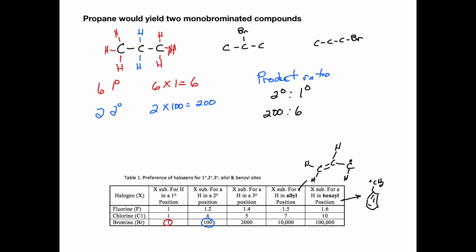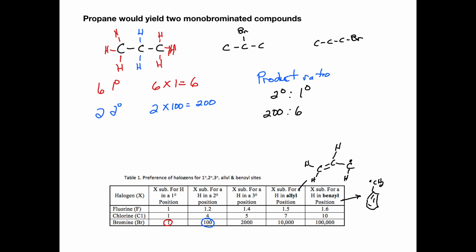So again, 200 to 6, and that's the product ratio. Again, we get these values from using a table like this, preference, which some scientists have determined for these, looking at various halogens and the various positions, and then also considering the number of hydrogens that are primary and the number of hydrogens that are secondary.